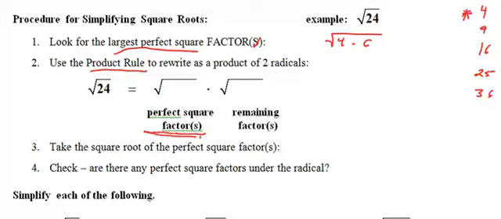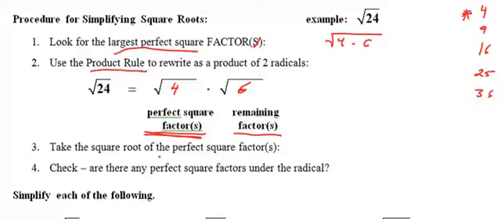Always perfect squares go in your first radical, remaining factors go in the other radical. We said 4 goes into 24 6 times. So we've pulled apart 24, it's 4 times 6. We made certain to put all our perfect squares in that first radical.